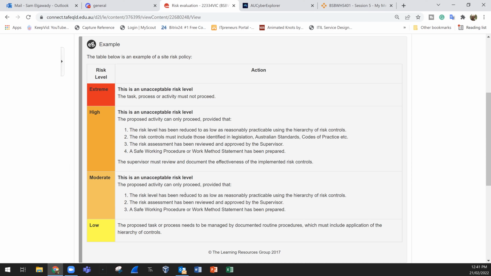If we have some legislation there, some standards, codes of practice, monitoring and controlling safe work procedures, we are following that, and we are all responsible for that.